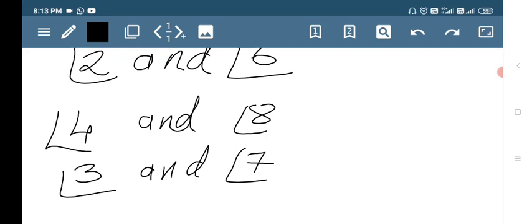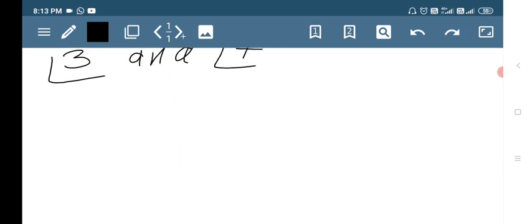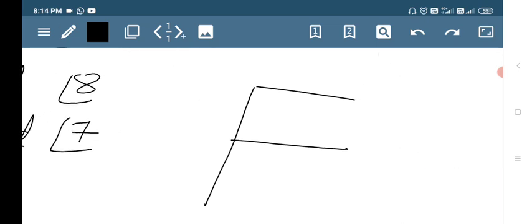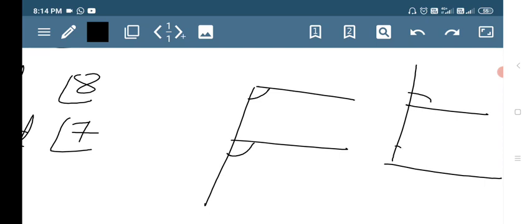Dear students, there is a small trick to remember how corresponding angles look. If you consider the shape F, a straight F or a virtual F, the angles which I have shaded, one is on the interior side and one is on the exterior side.